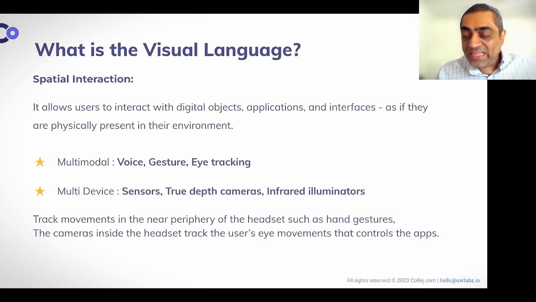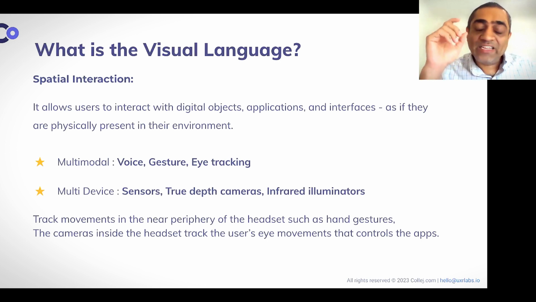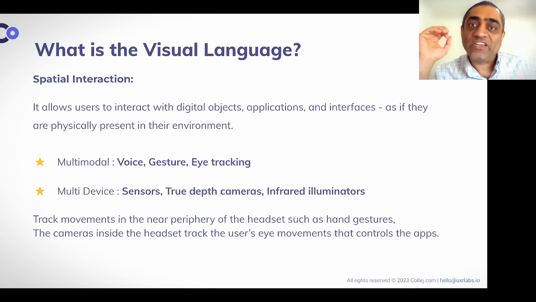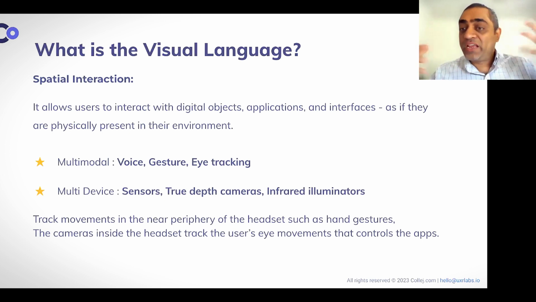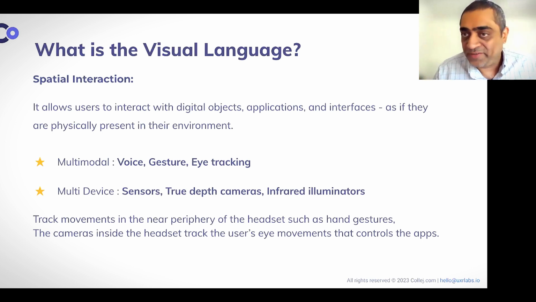That's a whole different way of designing the experience, because on a desktop, you do not have that data. So that is where the spatial interaction, as well as the data that you're getting from eye tracking, gestures, and voice, can integrate to create a much richer experience.